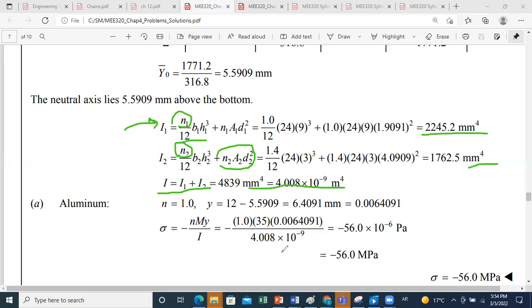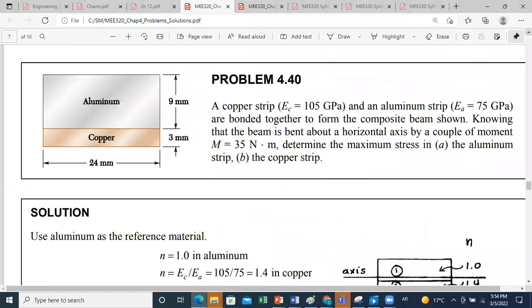Now, once we find the value of I, the question is to determine the maximum stresses in aluminum and in copper. To determine in aluminum the maximum normal stress, we should determine c, the maximum, the farthest distance from the neutral axis to any point in the aluminum section.